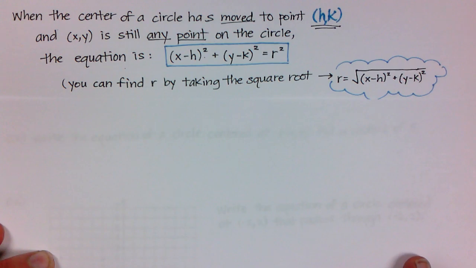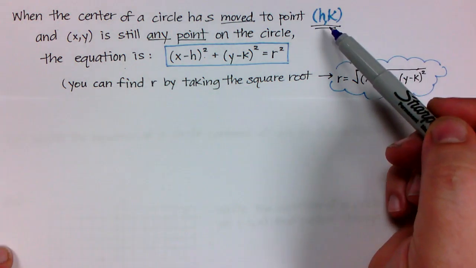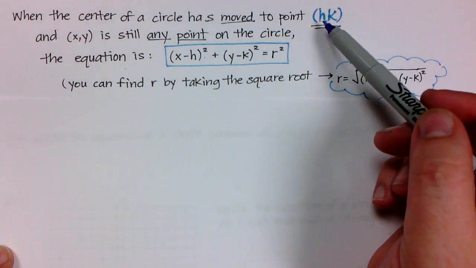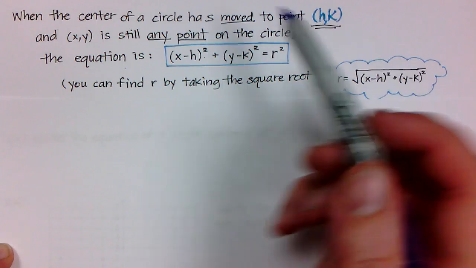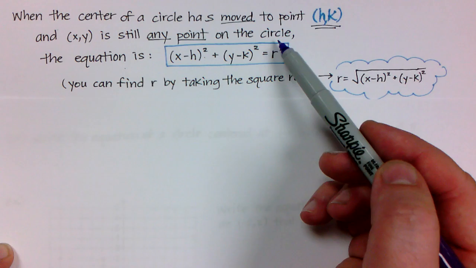Let's move on, because sometimes the circle is not at the center of the coordinate plane. It's not at the origin. Sometimes it's moved, and we're just going to pick a general term, h comma k, instead of 0 comma 0. And still x, y is any point on the circle.